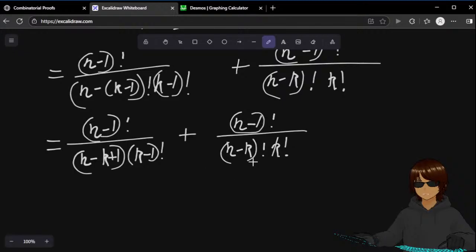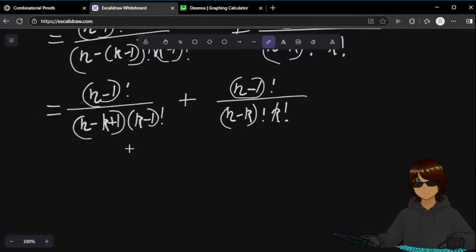So these two would remain. What about these two? I can rewrite this as n minus 1 factorial.